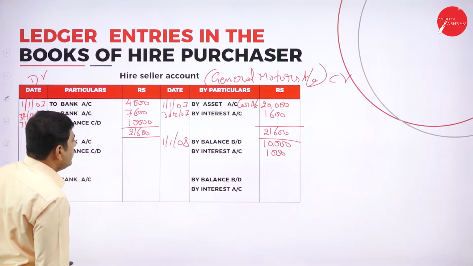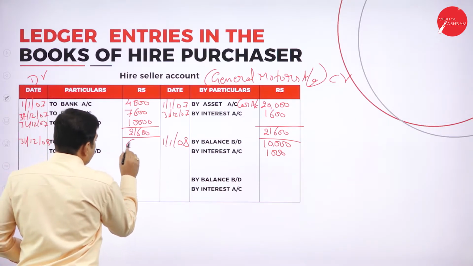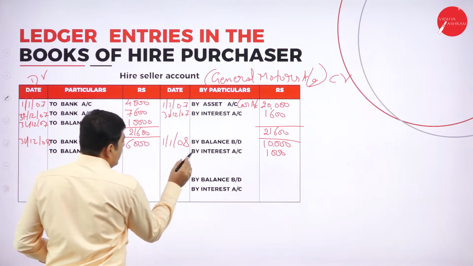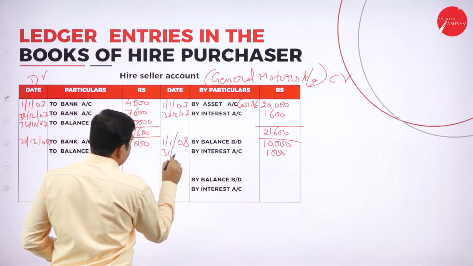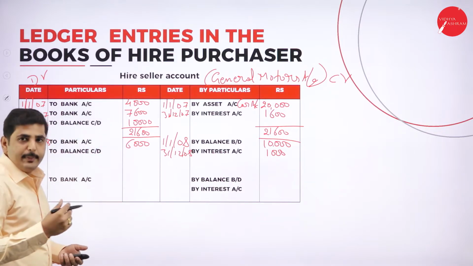So let's write on 31/12/2008, we have made the 6,000 rupees installment. This interest will be calculated on 31/12/2008. Again the remaining balance should be carried down.